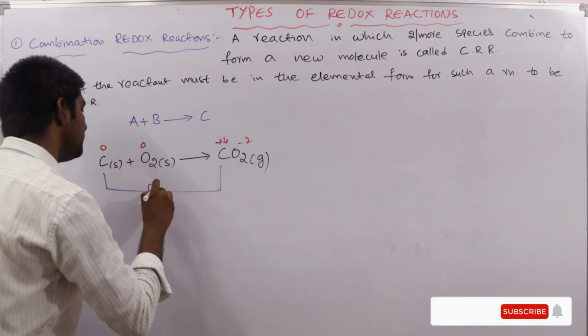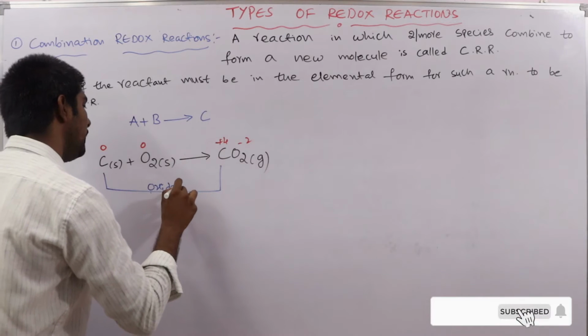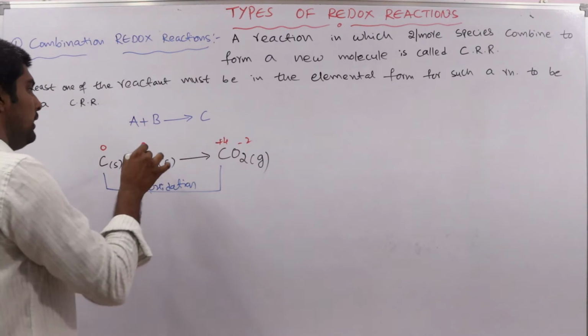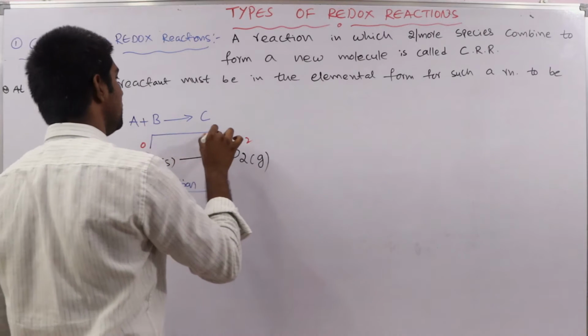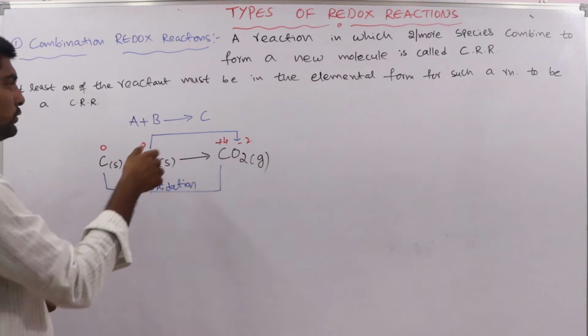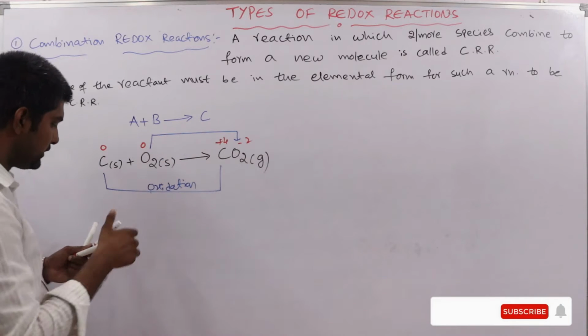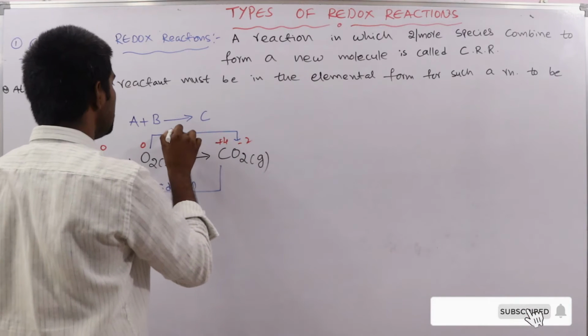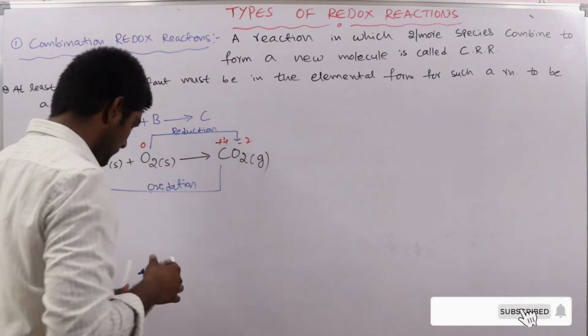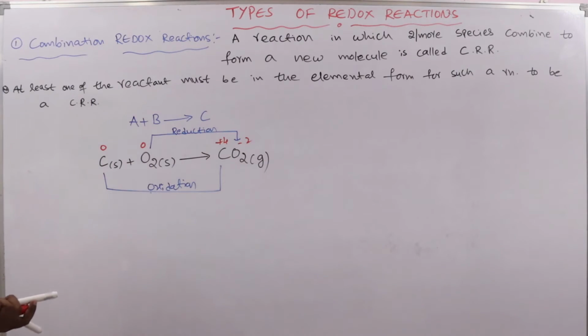So this is undergoing oxidation. And what about this oxygen? 0 to -2 means its oxidation state is decreasing. So that's why this is undergoing reduction. Yes or no?